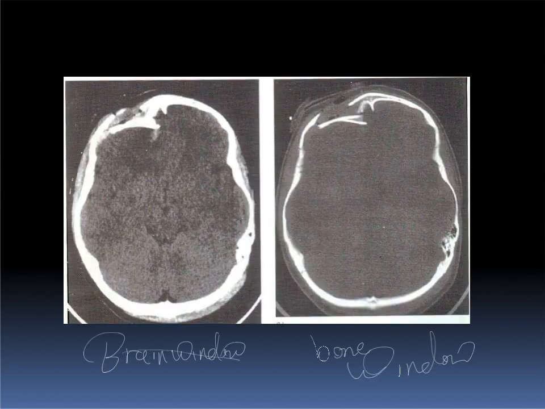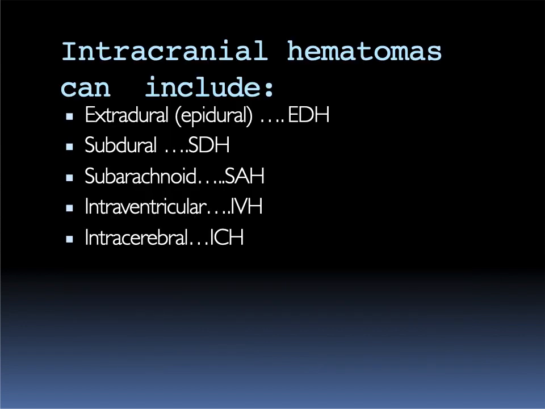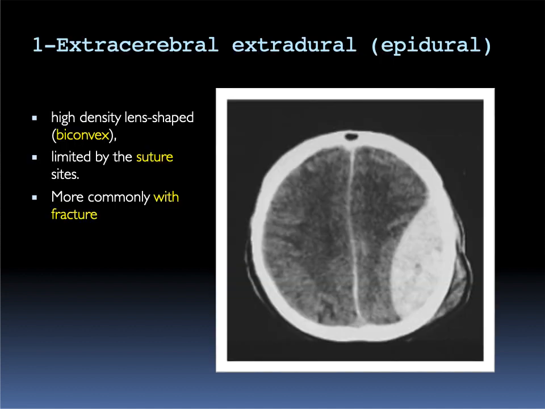So this is an example of a bone fracture on your right side, bone window. Your left side is brain tissue, hypodense, significantly injured. Intracranial hematoma includes extradural or epidural, subdural, subarachnoid hemorrhage, intraventricular and intracerebral.